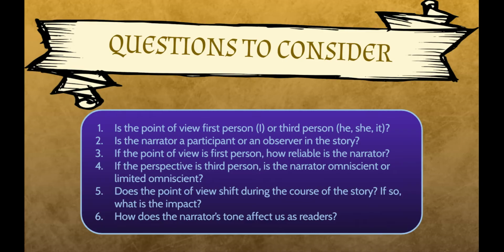Does the narrator know everything going on inside everybody's head, or is it very limited? Does the point of view shift? Sometimes when you shift scenes, you shift the point of view. What impact does that have? And how does the narrator's tone affect us as readers? So that's the kind of stuff you want to take note of for point of view.